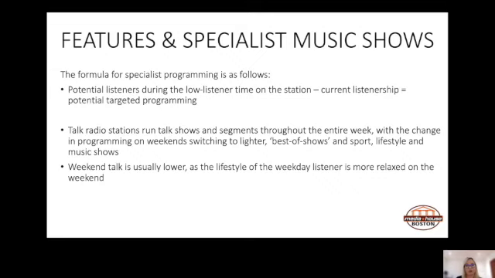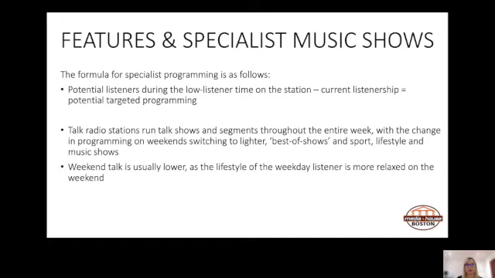Of those 517,000 cumulative listeners, only 332,000 came from the weekdays. So 185,000 listeners only listened to the show over the weekend, during which the station programs more specialist shows.